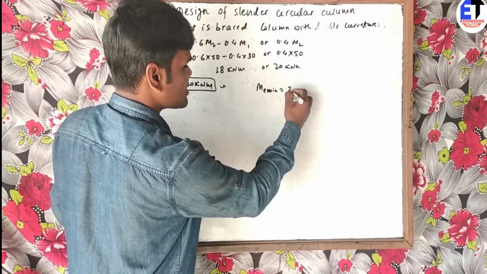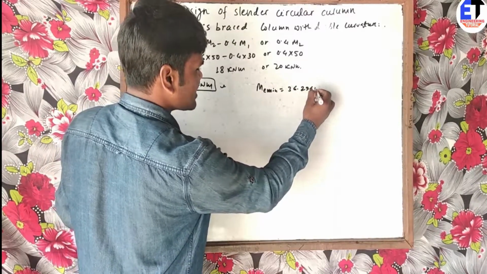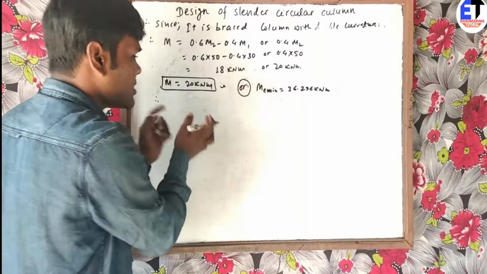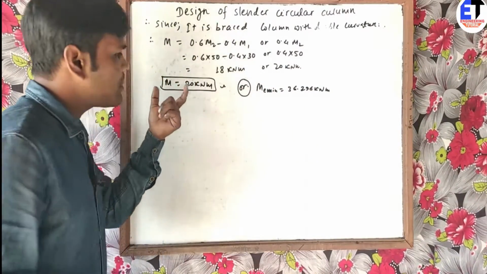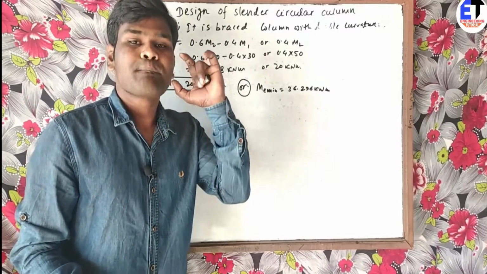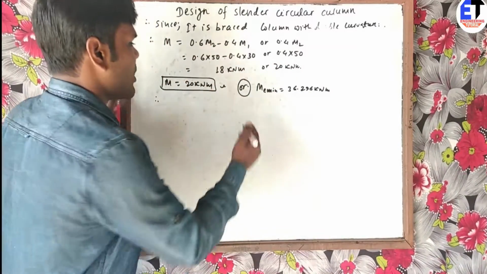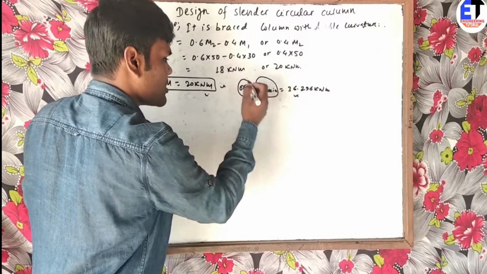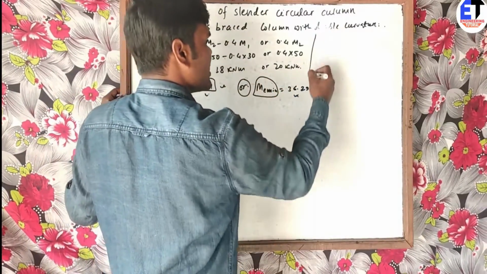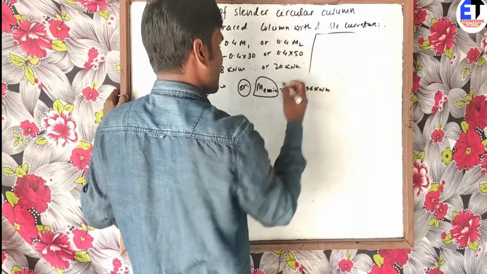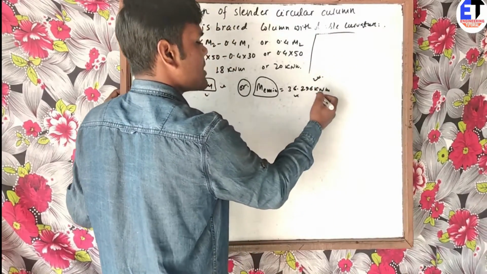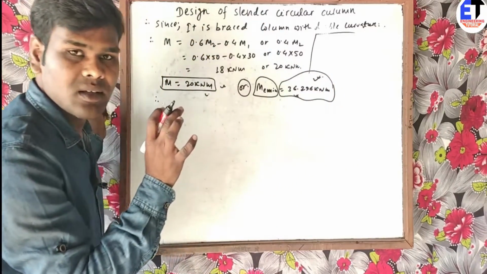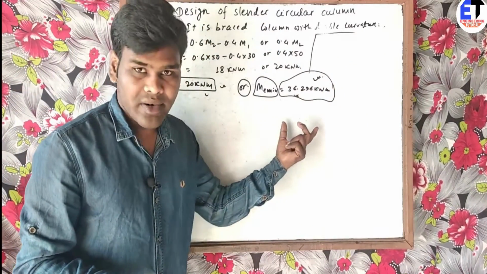It is 36.296 kN meter. Between the comparison of these moments, we have taken the larger value. So what is the maximum moment? The maximum moment is the minimum eccentricity moment. So the initial moment is taken as 36.296 kN meter. It is our final initial moment. I hope you are understanding.